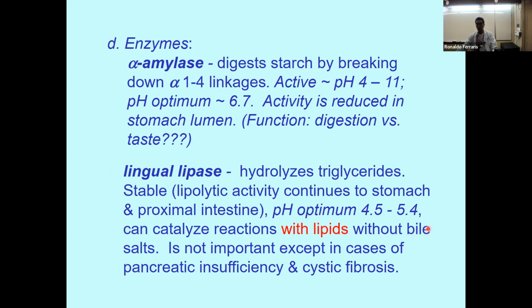I will be talking about bile salts later in lecture today. However, just like alpha amylase, lingual lipase is not really important in terms of life because you can survive without lingual lipase, except when you have genetic diseases like cystic fibrosis, or your pancreas is not functioning well.